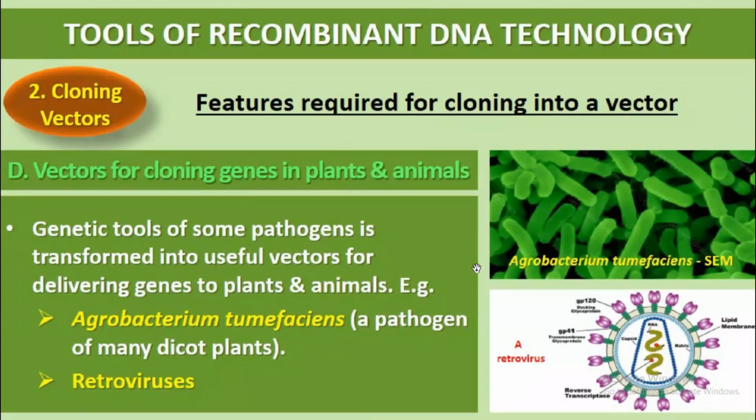Some examples: Agrobacterium tumefaciens, a bacterium that causes diseases in many dicot plants. The other one is retroviruses.